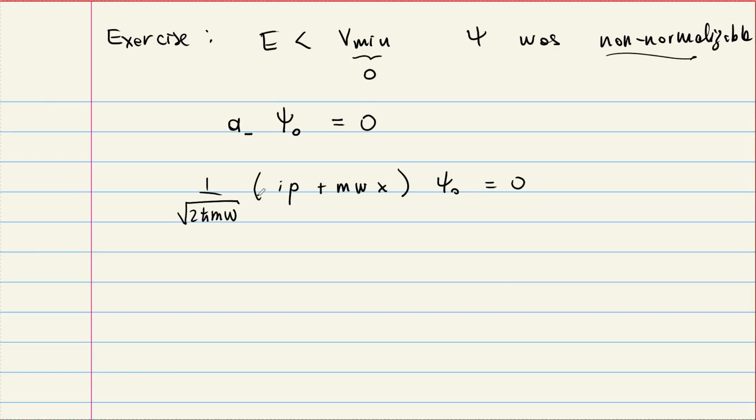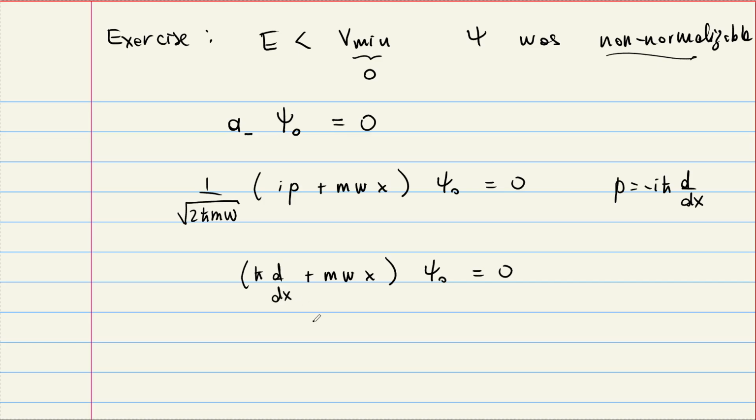So now this is an overall constant. Let's quickly solve this equation and take a break. So this overall constant I can get rid of, and P is minus i h bar d/dx, plus i m omega x, so this is like i times minus h bar d/dx, right?